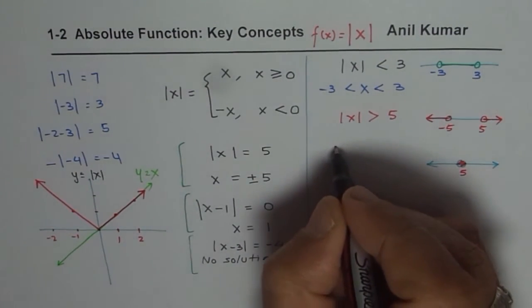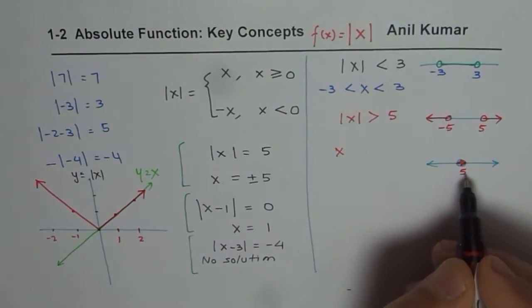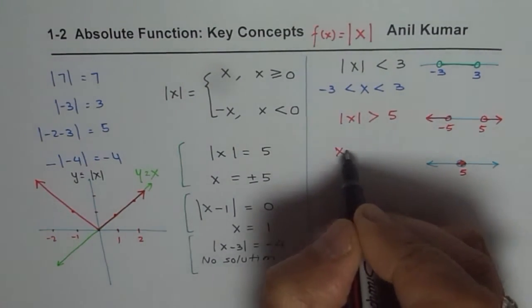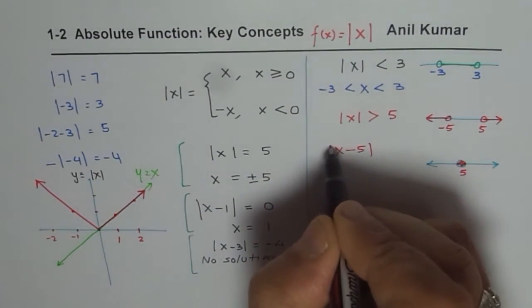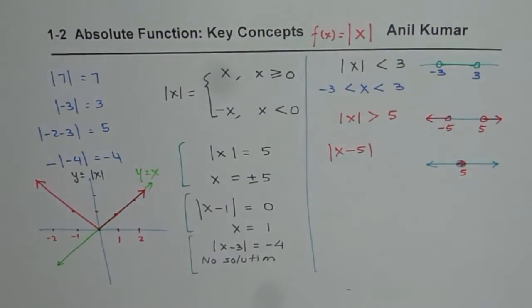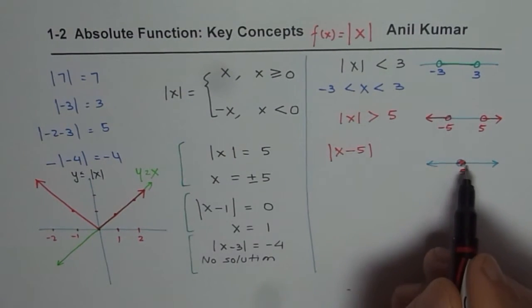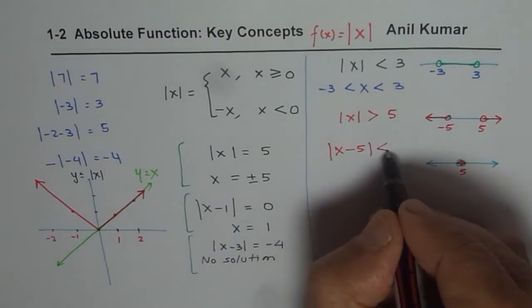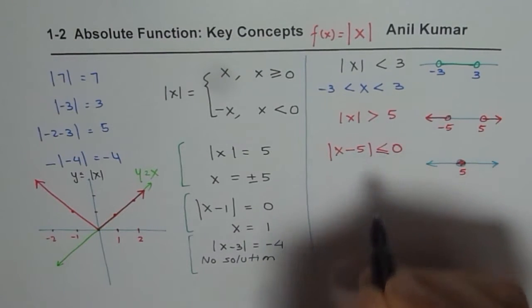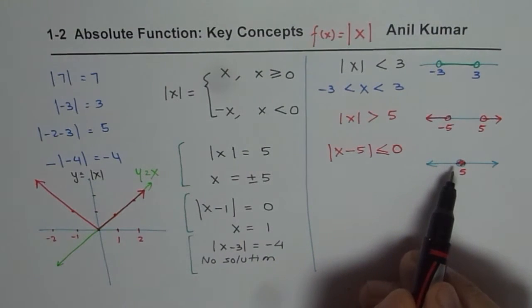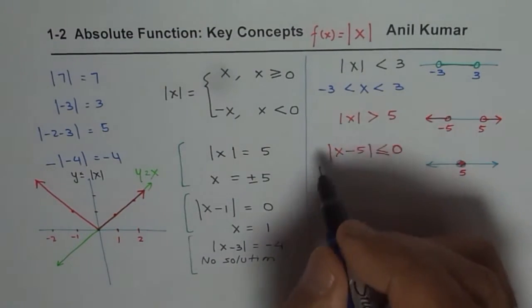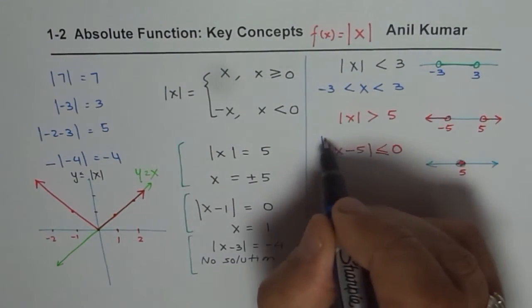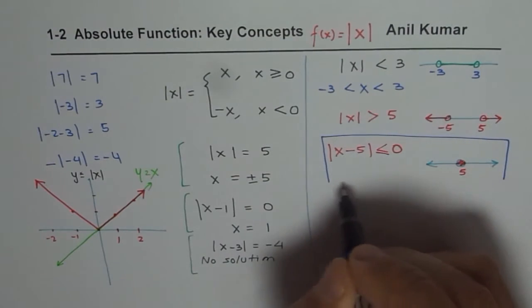So we could say absolute value of x, and since we want 5, we have to put this vertex at 5, so I move it 5 units to the right, correct? And I could say, since I need only this solution, I can say less than equal to 0. So at least it is 0 at 5, correct? That is a thinking question. So I would like you to really think about this solution and work on this.